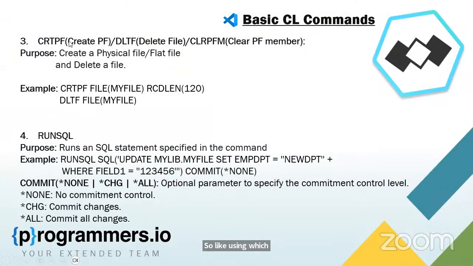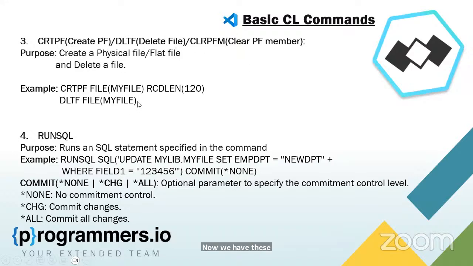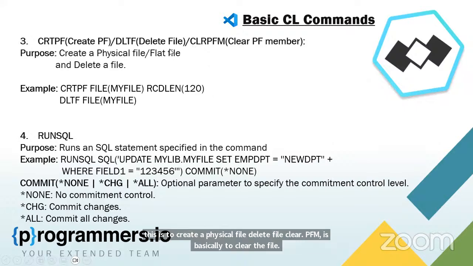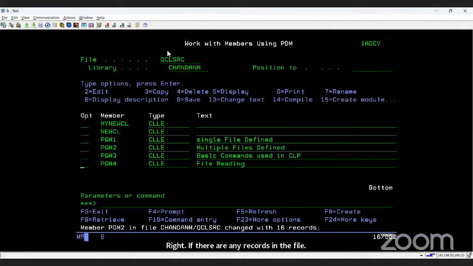Now we have these commands: create PF, delete PF, clear PFM. These commands you can easily run; this is to create a physical file, delete a file, and clear PFM is basically to clear the file, right? If there are any records in the file, you can clear those, right?